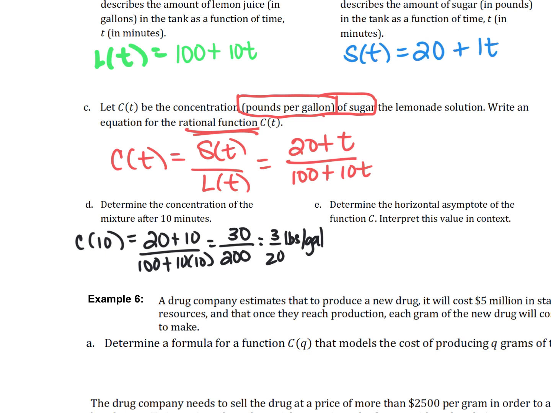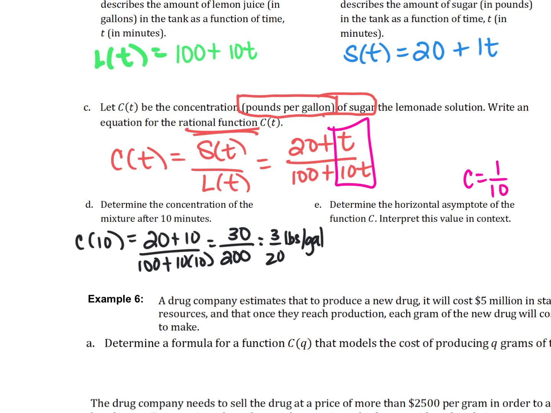Yeah, it's the leading coefficients, right? That ratio. And so if we look up here, for my horizontal asymptote, I have a 1T over a 10T. So what does that reduce to? 1/10. So that is my horizontal asymptote.